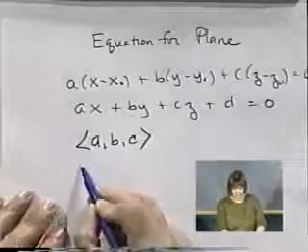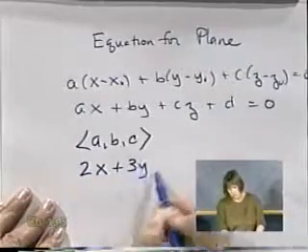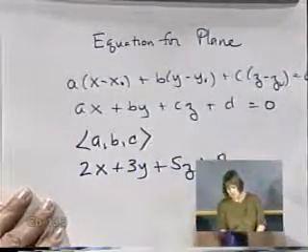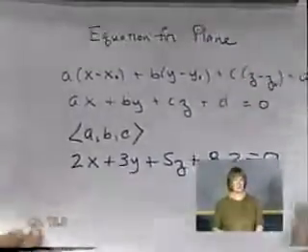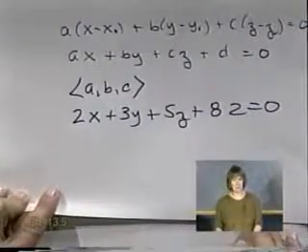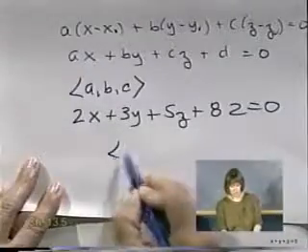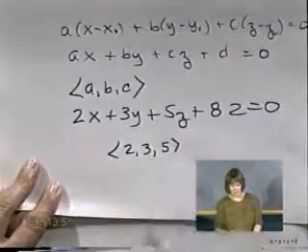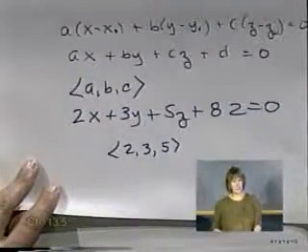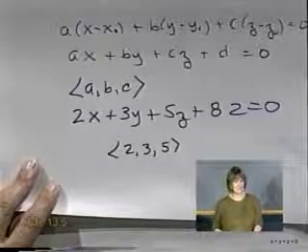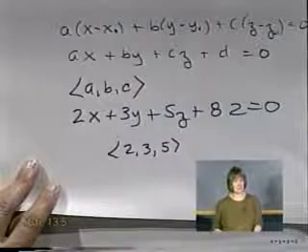So if I said I had a plane 2x plus 3y plus 5z plus 82 equals 0, can you give me a vector perpendicular to that plane? 2, 3, 5. Can anybody give me a point on that plane? A point on the plane.